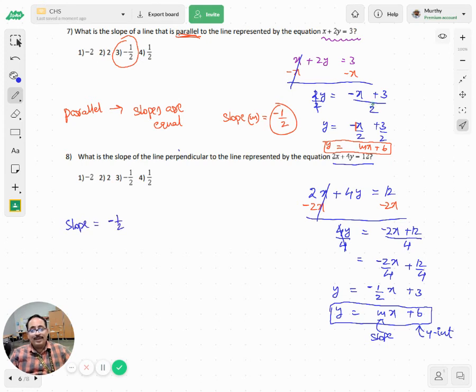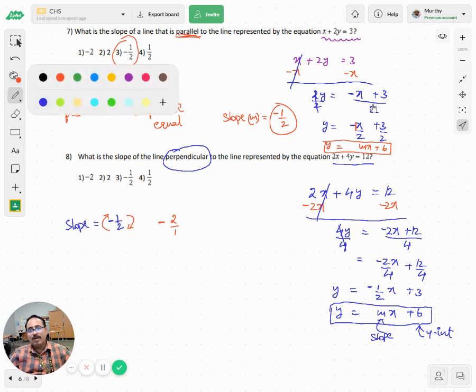Friends, when it is perpendicular, if you are looking for an equation which is perpendicular to the given one, what you have to do is take the negative reciprocal. Negative reciprocal means you have to make this one upside down, and you have to switch the sign.